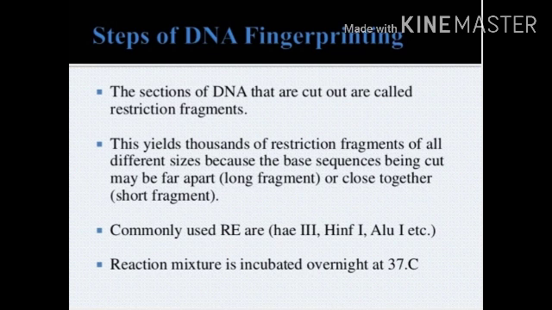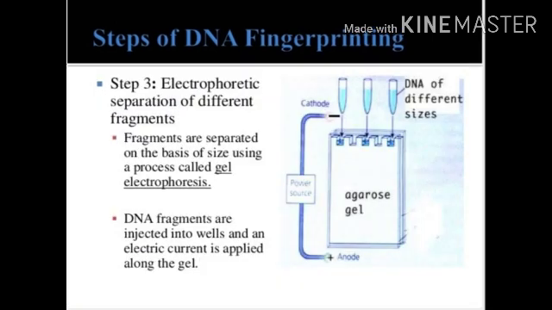Commonly used restriction enzymes are HaeIII, HindIII, AluI, etc. And that reaction mixture we can incubate overnight at 37 degrees Celsius. The third step is electrophoretic separation of the different fragments.